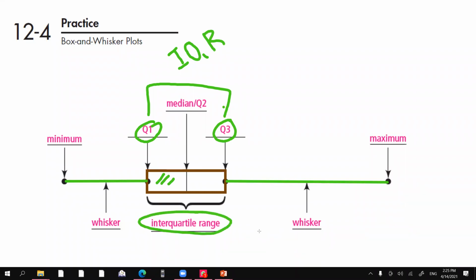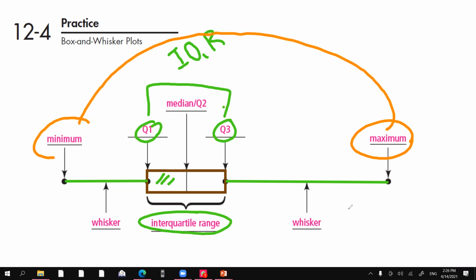But if you subtract the maximum minus the minimum, what did you get? The range. This is the box and whisker plot. Range is maximum minus minimum, and the interquartile range is Q3 minus Q1.